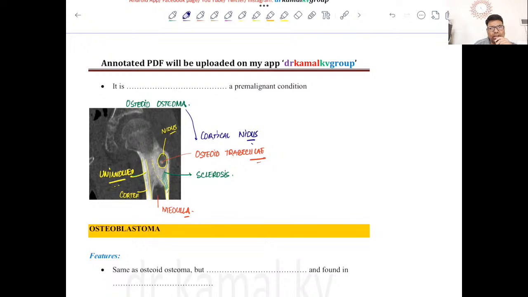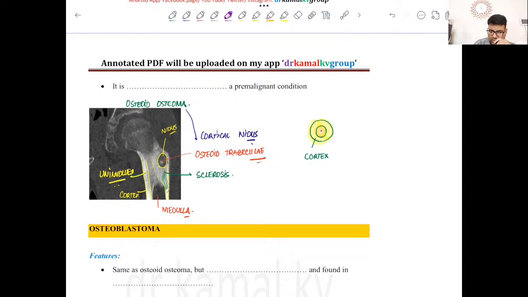Suppose we are taking a transverse section or a transverse view. Normally when we see the bone, it is something like this, okay? So this area is all cortex, and in the center we have the medulla.